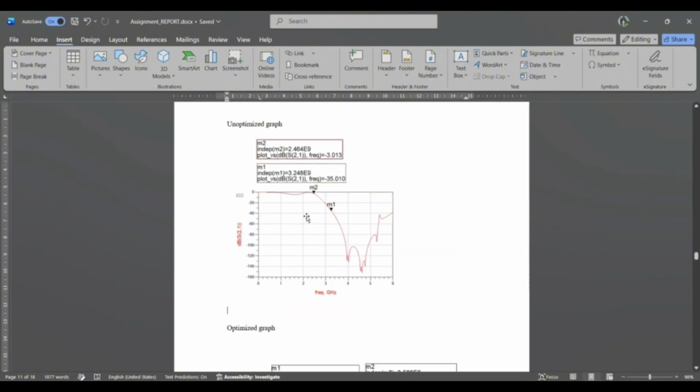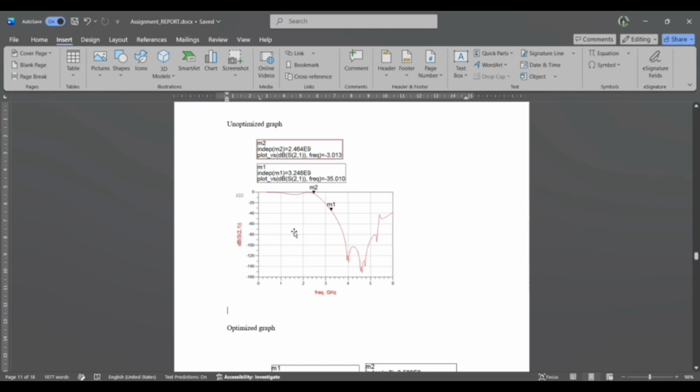For the unoptimized, as we can see, we get 2.46 gigahertz at negative 3 dB, and for the attenuation, we need negative 35 but we get it at 3.24, so the frequency value is less than the actual frequency.